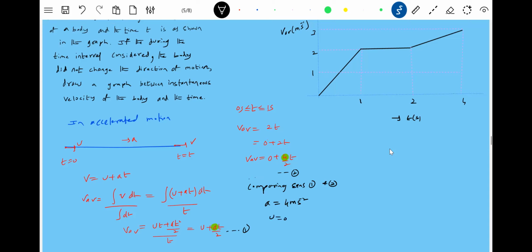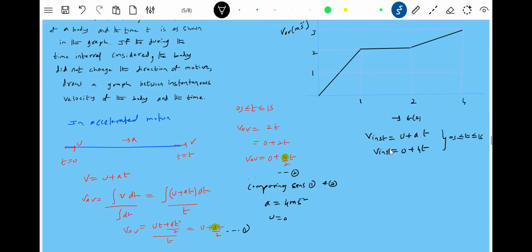Can we calculate now the instantaneous velocity? V instantaneous should be equal to u plus at, 0 plus 4t. So this should be the curve for t from 0 to 1 second.